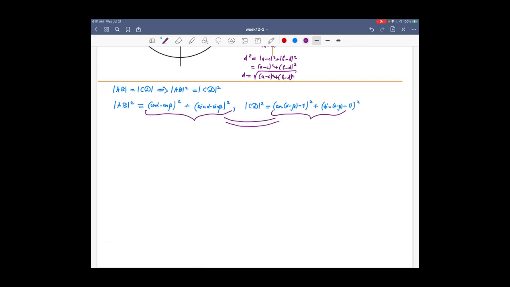Equating them, we get cosine alpha minus cosine beta squared plus sine alpha minus sine beta squared equals cosine of alpha minus beta minus 1 squared plus sine squared of alpha minus beta.